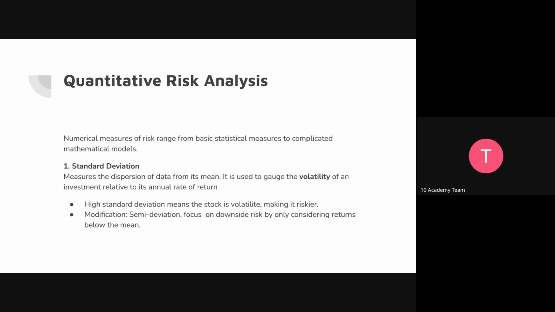Over a period of time, there is an average price, and then you calculate the standard deviation of the prices. The bigger the standard deviation, the further the price goes up or down from the mean, so that means it is volatile. The higher the standard deviation, the higher the volatility. And of course, the more volatile the stock price is, the riskier the stock is.